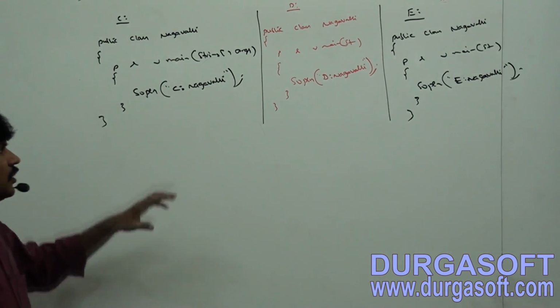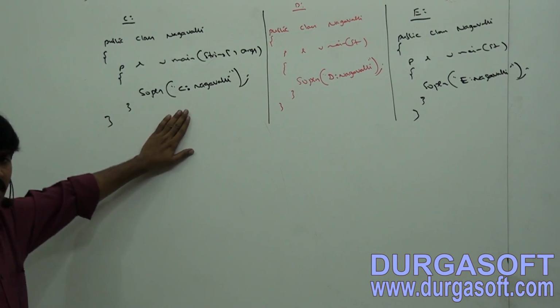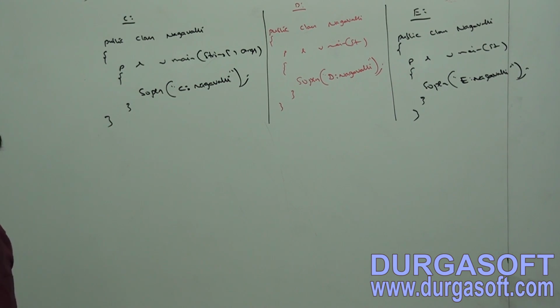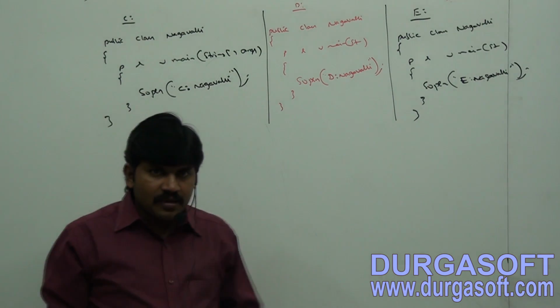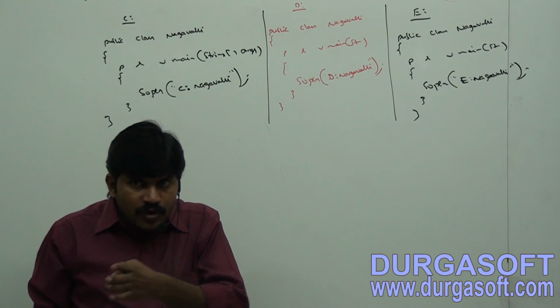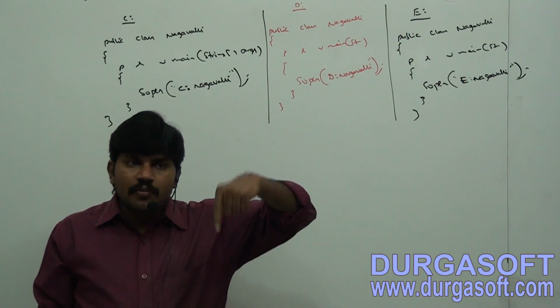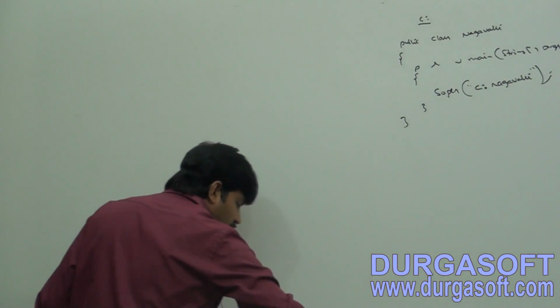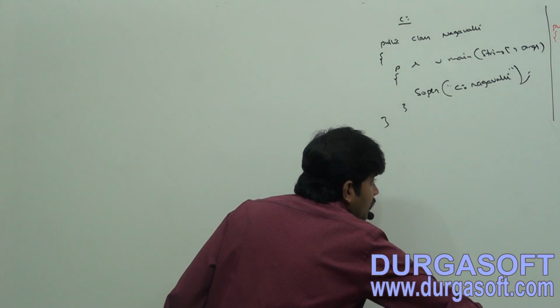Sir, here the C location contains C colon Nagavalli, the D location also contains Nagavalli, and the E location also contains Nagavalli. In class path, the order of locations is important. JVM is always going to consider from left to right until a match is available. Now observe this one.